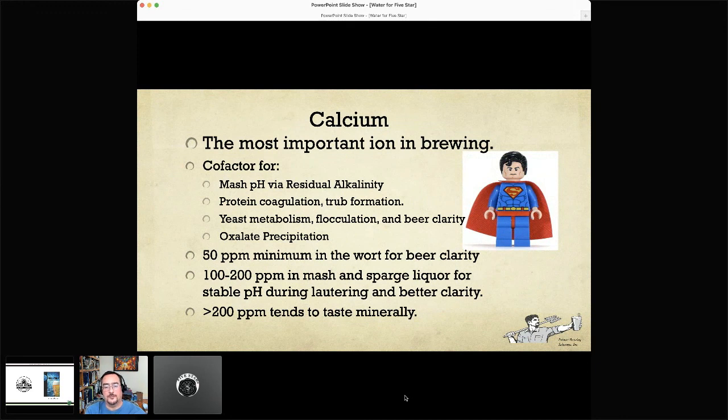Generally, we talk about 50 ppm being the minimum level in the water and wort for good beer clarity. 100 to 200 ppm is better for good pH stability during lautering and better beer clarity. But over 200 ppm tends to taste minerally, tends to give you a very dry, minerally finish in the beer.